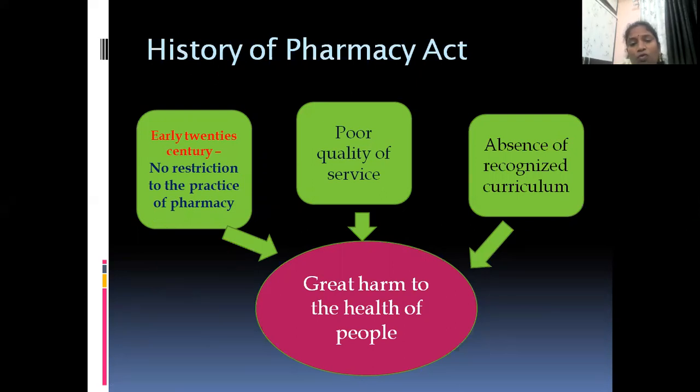That's why we observed poor quality of service in the early 20th century, and an absence of a recognized curriculum. There were no regulations or standards for the profession of pharmacy, and all those things led to great harm to the health of the public. That led to so many deaths.